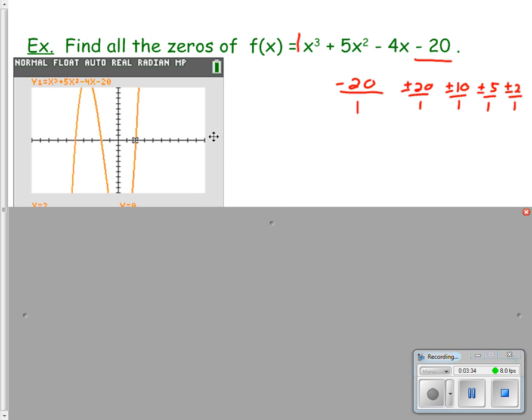So your zeros occur at those 3 spots. So the solution to this problem is x equals -5, -2, and +2. Those are the zeros of that function.